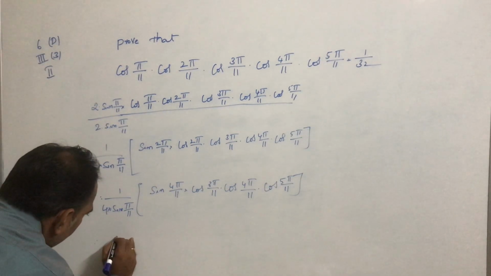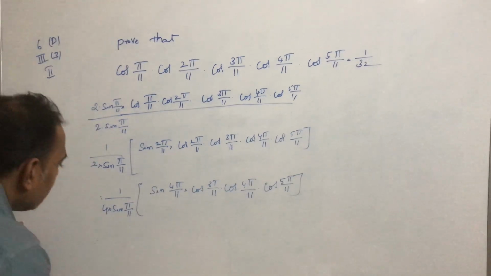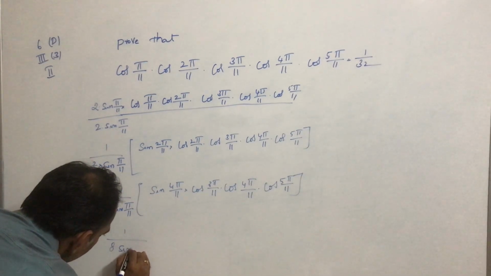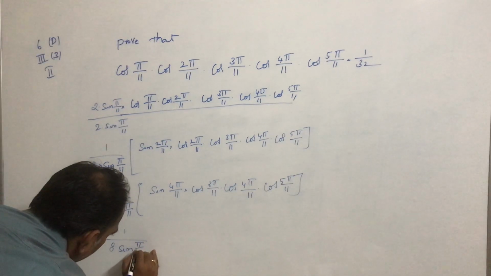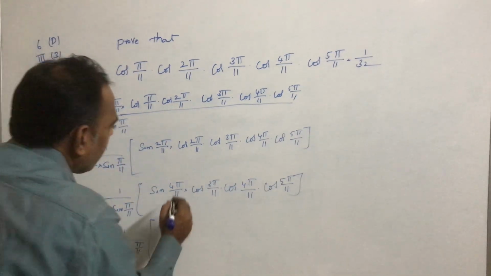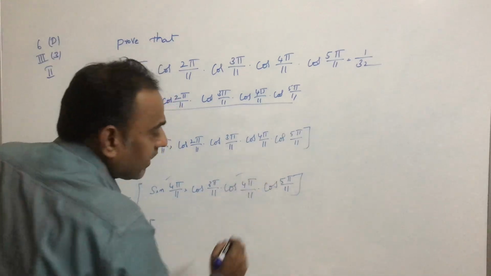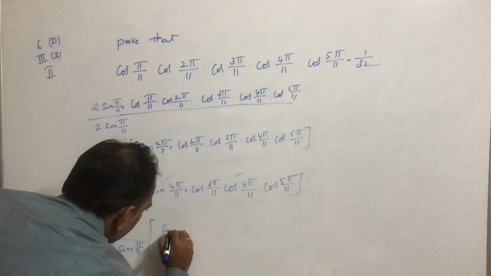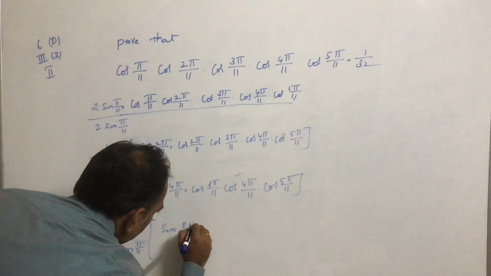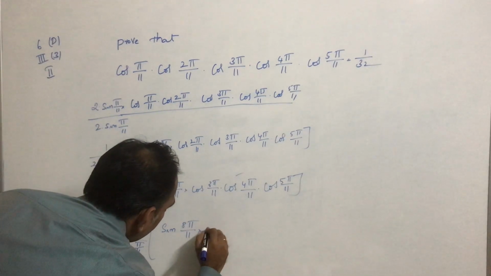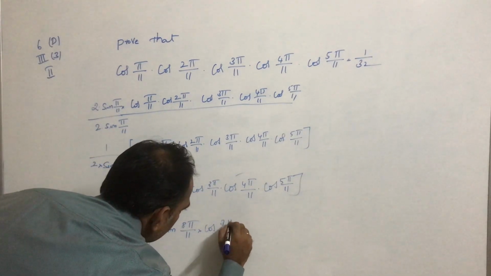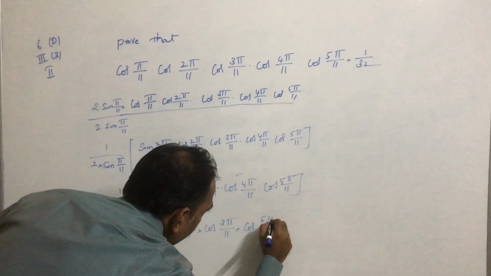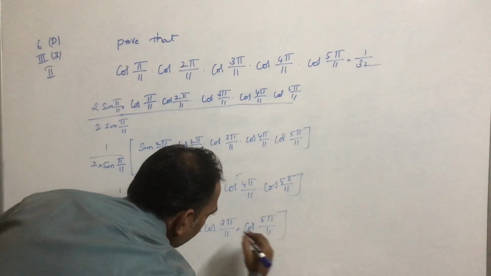If we multiply numerator as well as denominator with 2, then the given becomes 1 by 8 into sin pi by 11, and instead of these two terms I will directly write sin 8 pi by 11 into cos 3 pi by 11 into cos 5 pi by 11.